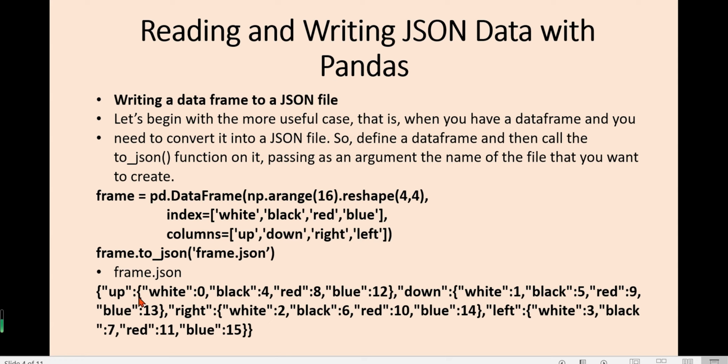The value of each first-level key is actually another object, and this object also has 4 keys with their values, and these inside keys are actually the data frame's index variables.